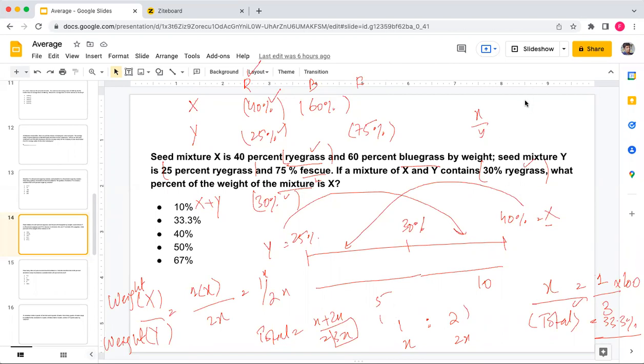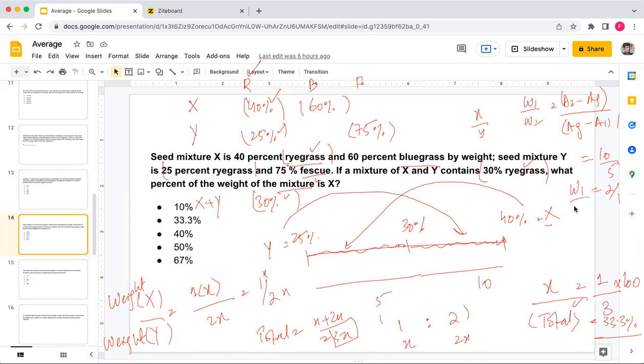First of all, try to understand the formula. W1 over W2 is equal to A2 minus AG over AG minus A1, right? This thing is equal to this part, and this thing is equal to this part. You know this thing is equal to 10 and this thing is equal to 5, which is 2 over 1.